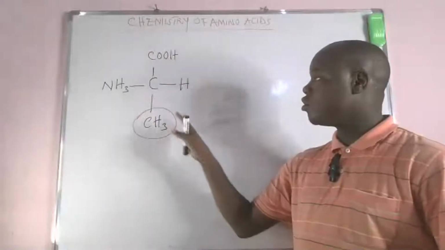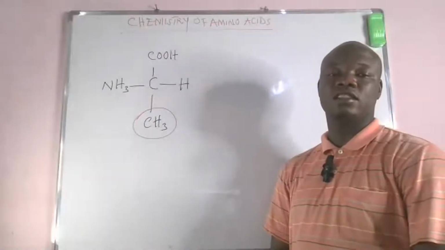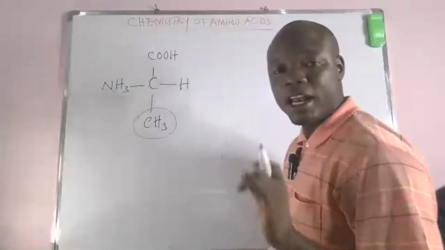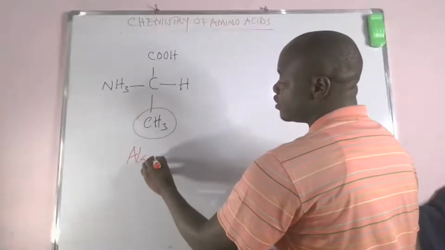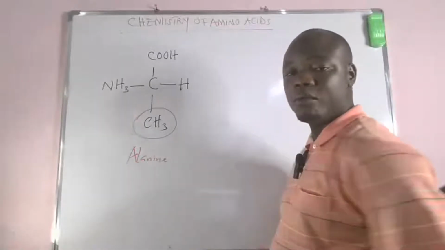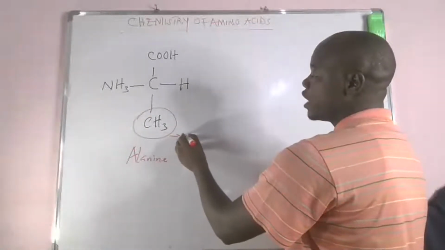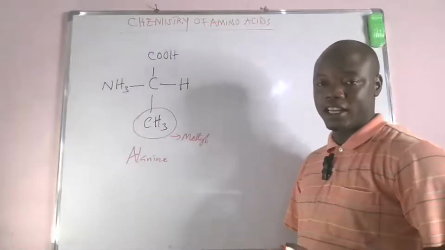I think we did all this last time. So remember, last time I told you that this is alanine, an amino acid with a side chain of CH3, that is methyl. This is methyl, and it is called alanine.